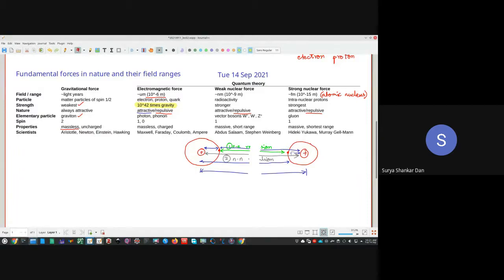These interatomic phenomena, the electromagnetic forces inside the lattice, are 10 to the power of 42 times larger than gravity. But somehow, if you can cut this connection, what will happen? Then gravity will play its role. You understand, no? The only reason why the atoms do not fall off from their lattice structure is because they are held together by the electromagnetic forces, because they are much, much larger.